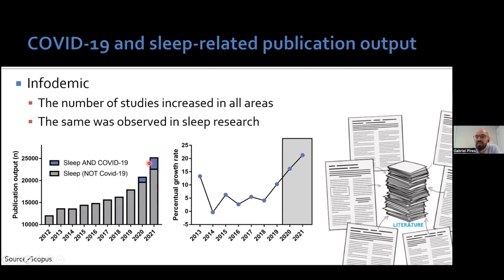So you can see that something that was in our lives for 1 year and a half, more or less, in that moment, took 20% of the publication output, and also increased the percentual growth rate of our field. So there is no question about it. COVID-19 changed the landscape of publication in sleep medicine. Why was that?